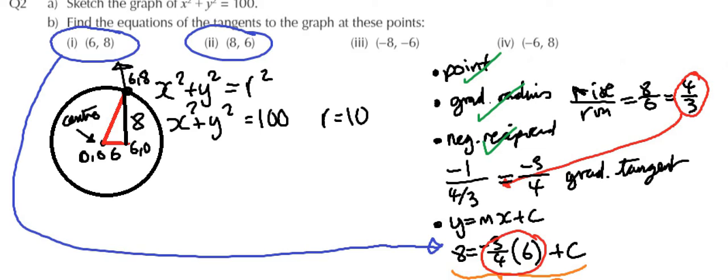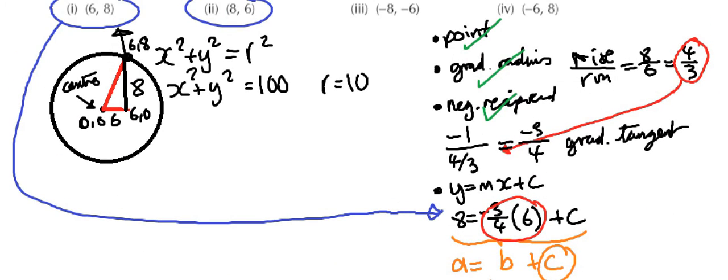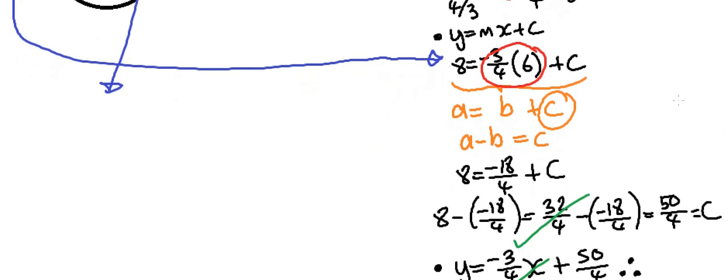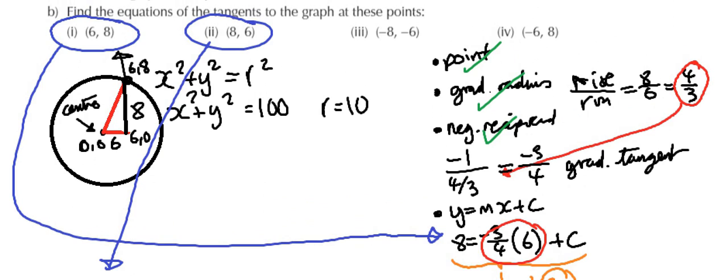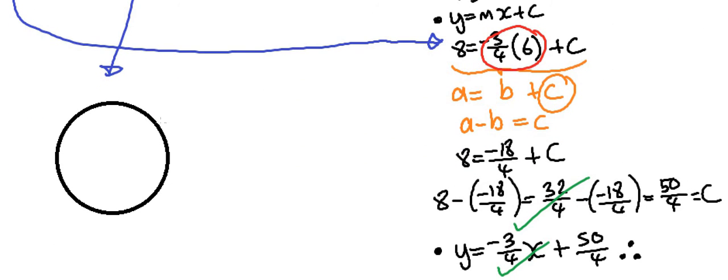Right, the answer. Same thing. Let's draw a circle. There's my circle. My point is 8, 6 this time. That's my point. Now I'm going to find the gradient of my radius.